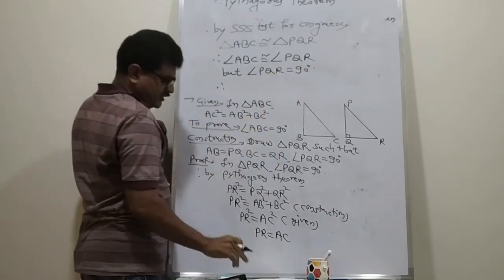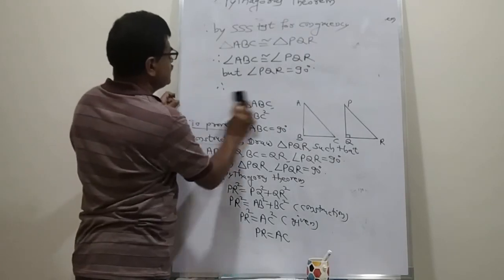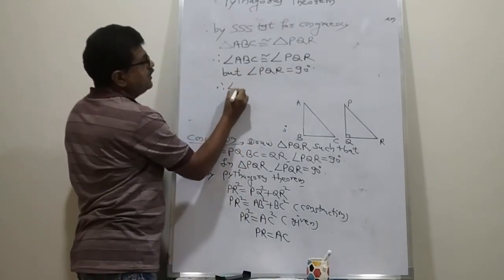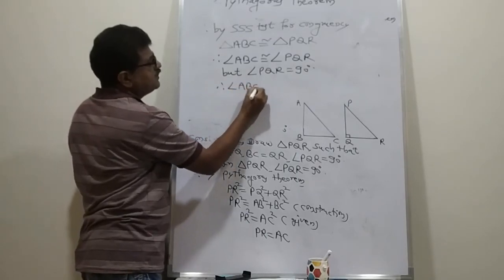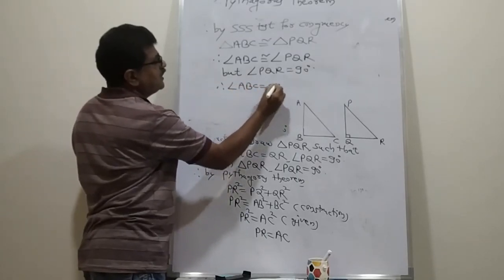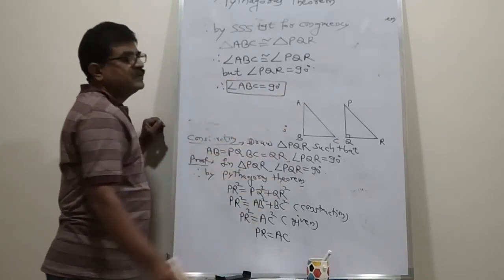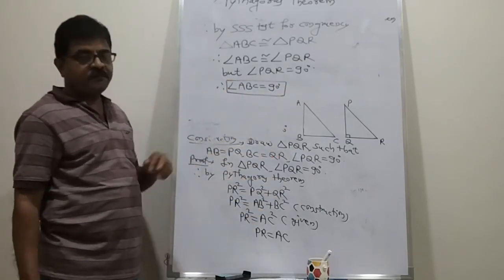Therefore, this angle ABC is also 90 degrees. Therefore, angle ABC is equal to 90 degrees. This is the proof. Thank you.